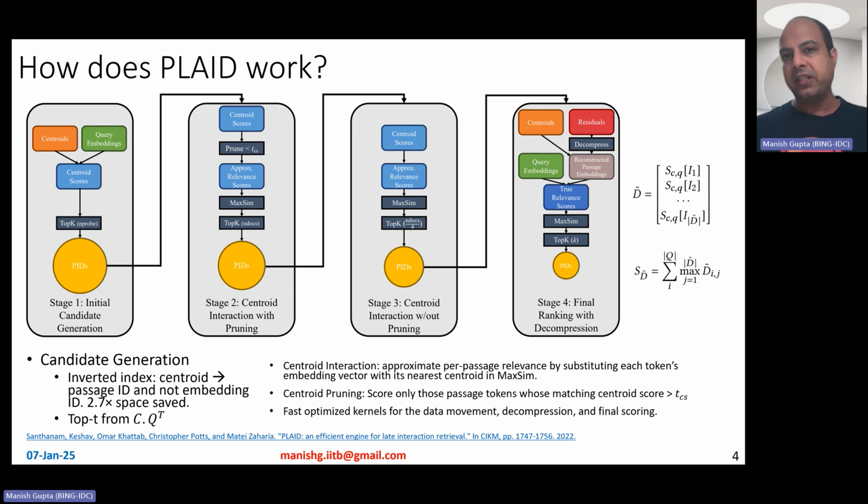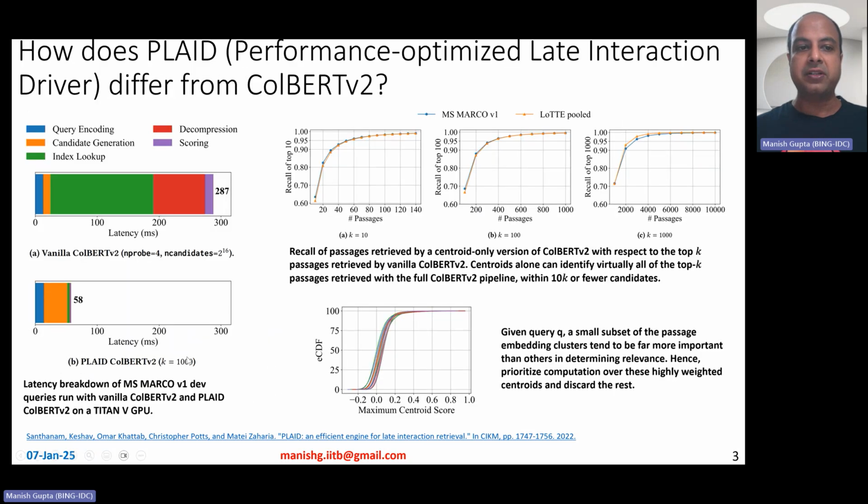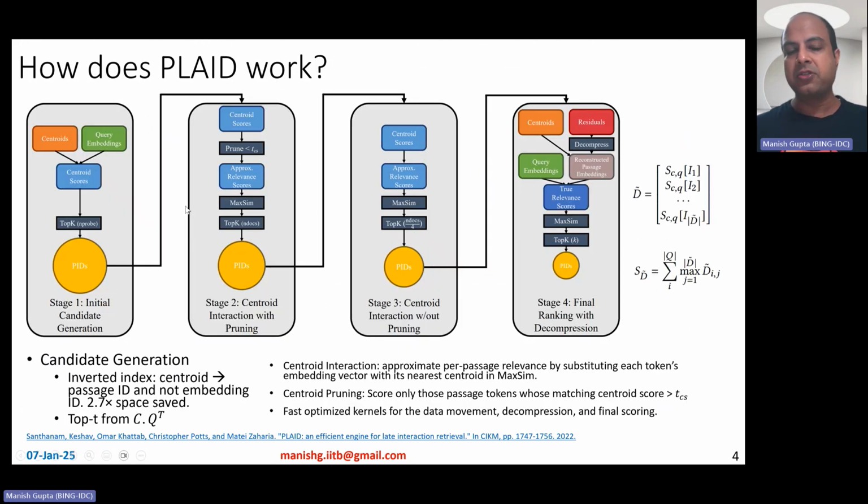Now, in general, for computing these maximum scores in ColBERT v2, you would decompress these passage tokens and then do a proper maximum computation. However, to make it super fast, you don't decompress. Remember, decompression used to take a lot of time. So you don't decompress these passage tokens. You just compute the similarity between the query and the closest centroid for these passage tokens.